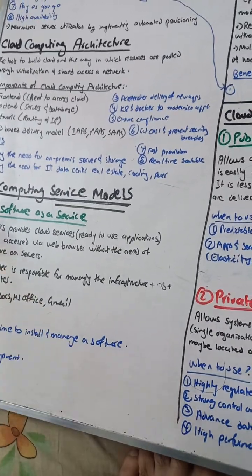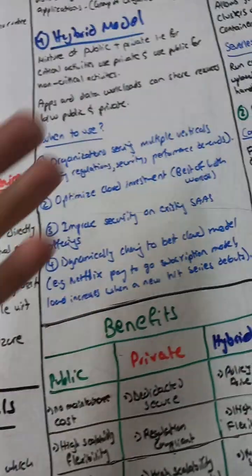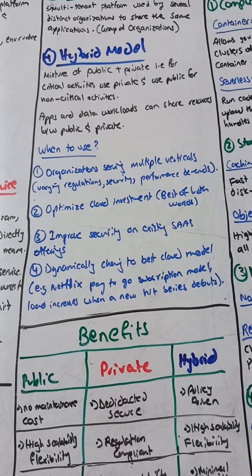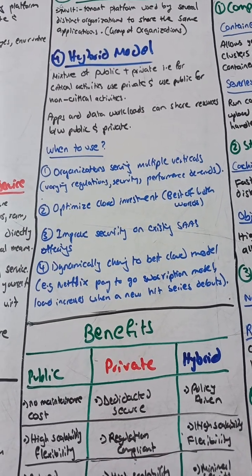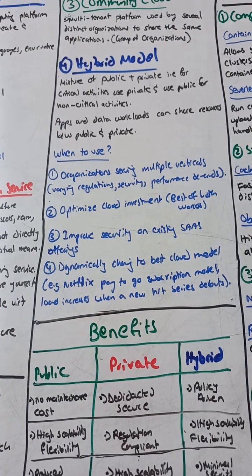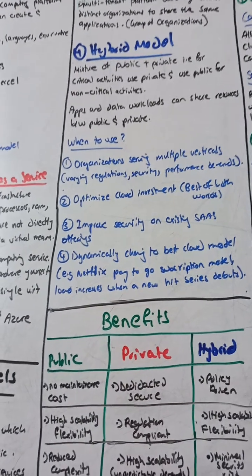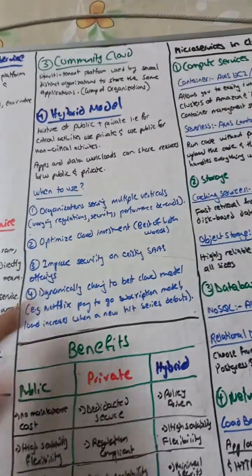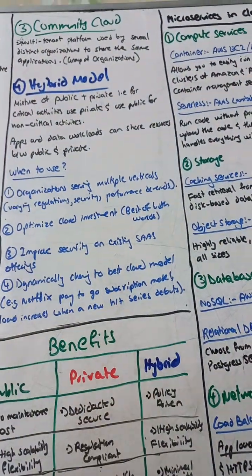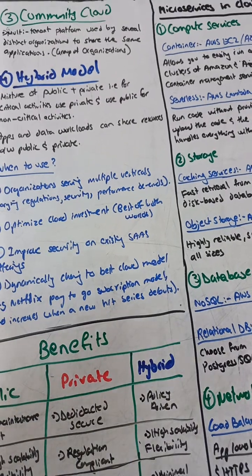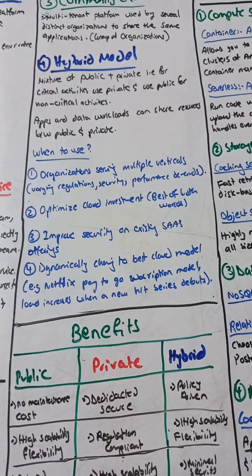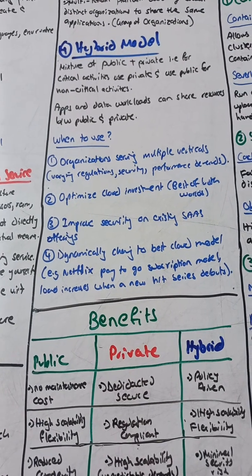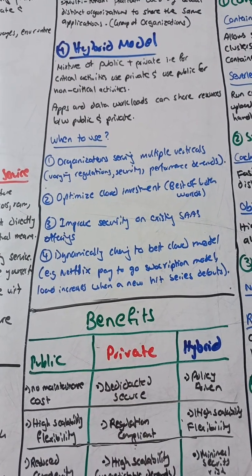But if you want to convert them into private, then you would use a hybrid model. If you want to improve your security, you use this. You're optimizing your cloud investment, which is the best of both worlds. This means you're using public to its maximum capacity and private to its maximum capacity, dynamically changing to the best cloud model.